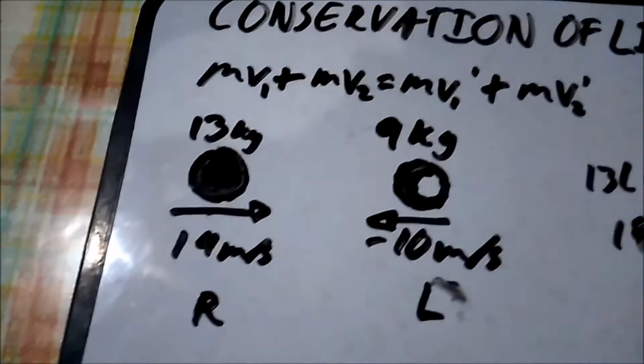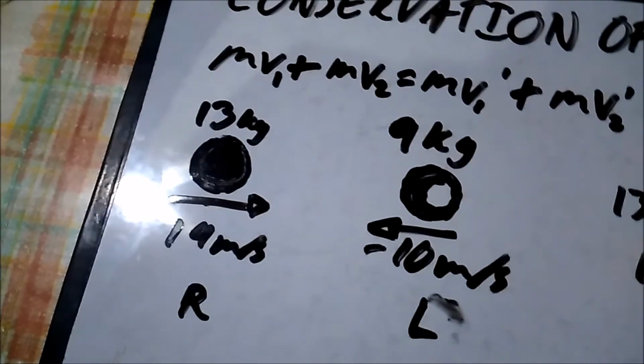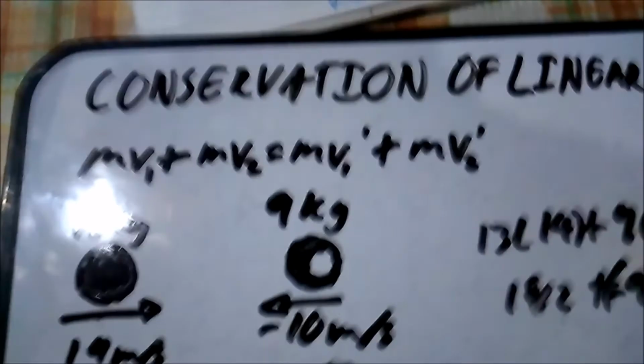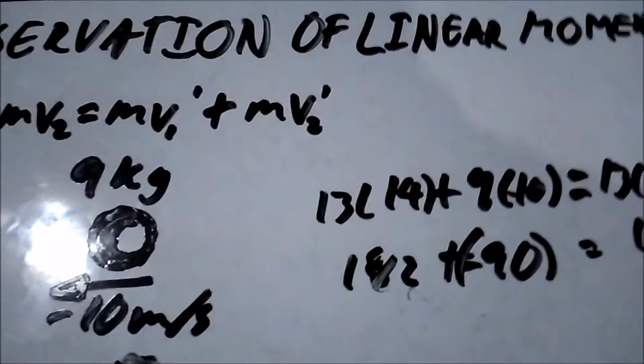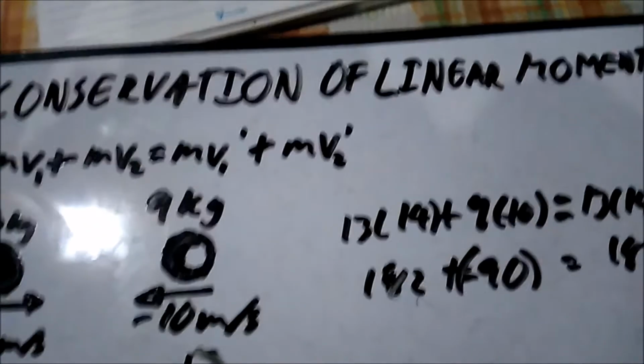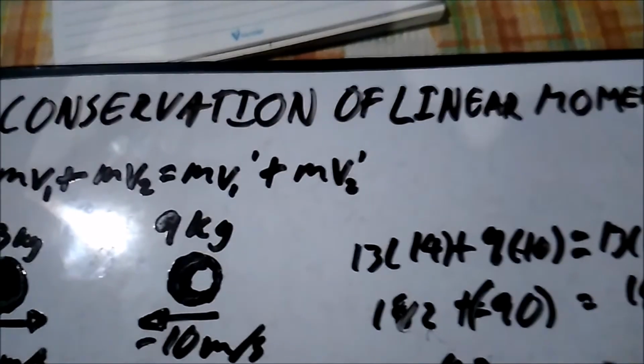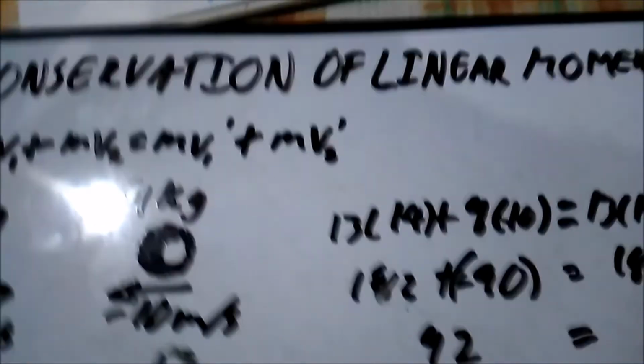These two balls are just going to glide toward each other, because I just rolled them toward each other in a drawing. But now solve it: 182 minus this negative 90, the sum is 92, equals 92.